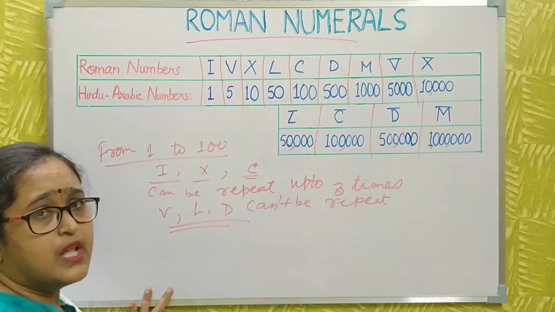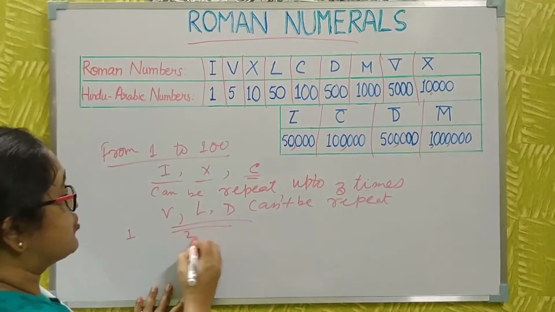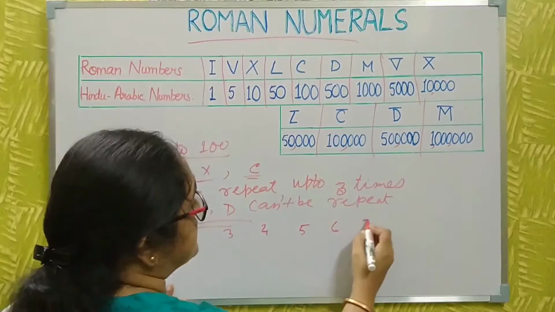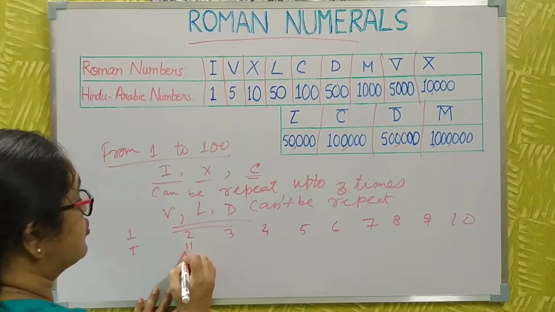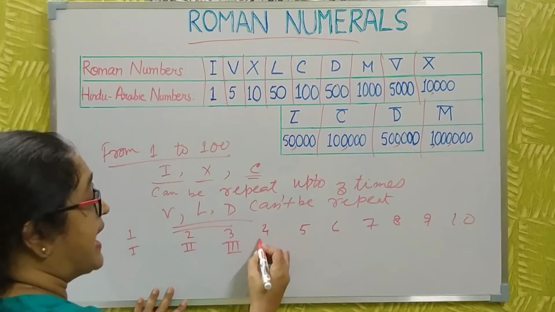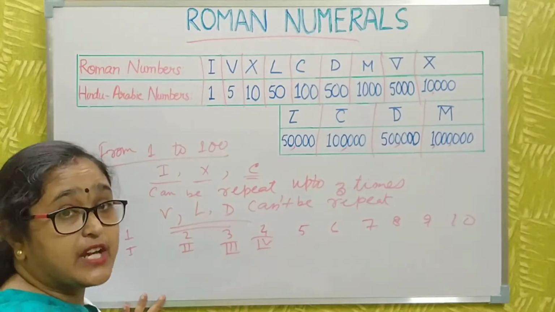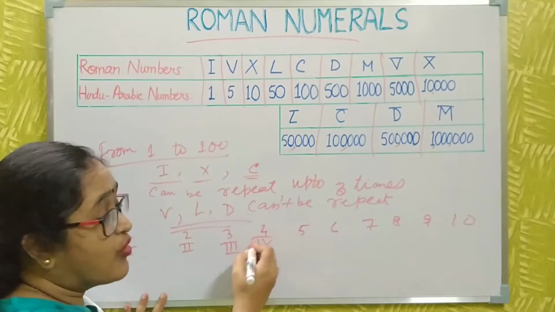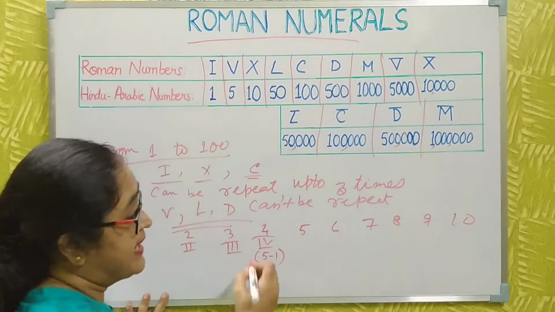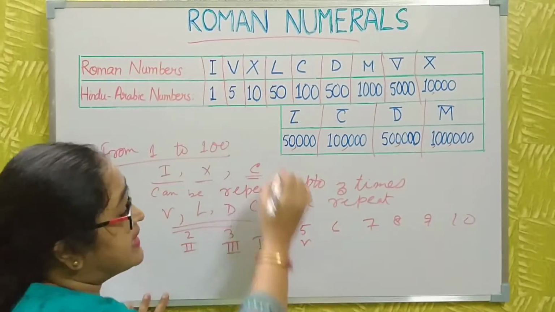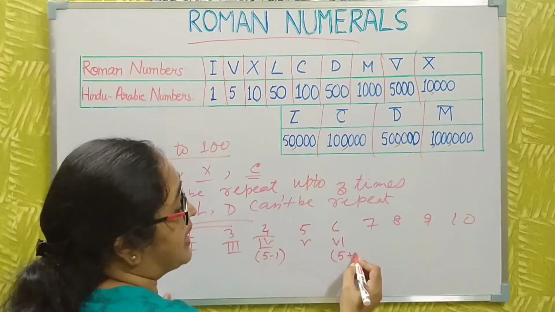I will help you when you write Roman numerals, just 1, 2, 3, 4, 5, 6, 7, 8, 9, 10. This is 1, 2, 3 like this, and 4 is like this. You write I before V, that means subtract. 4 is written as 5 minus 1. And 5 is like this. 6 is this one, that means 5 plus 1.